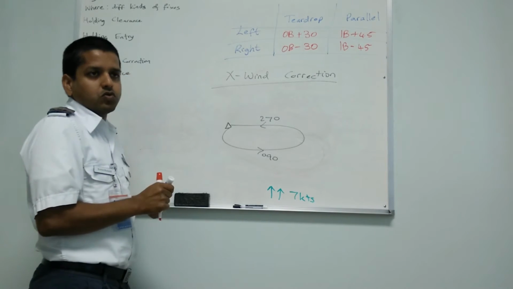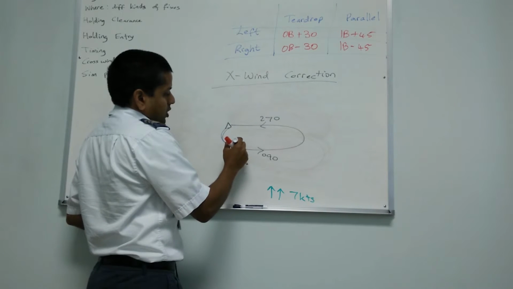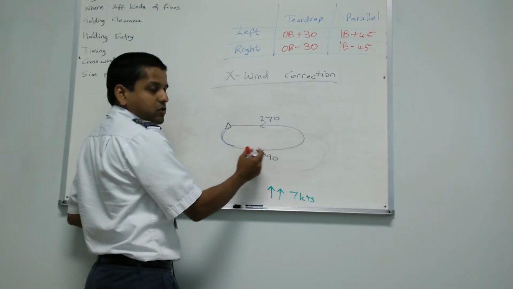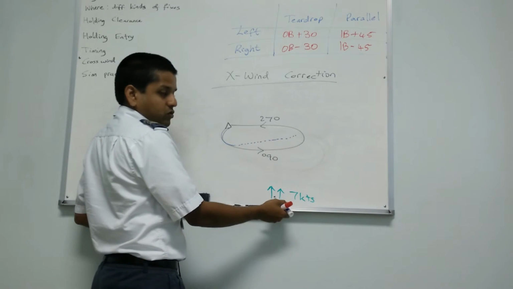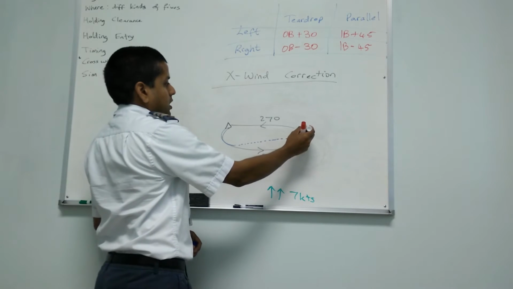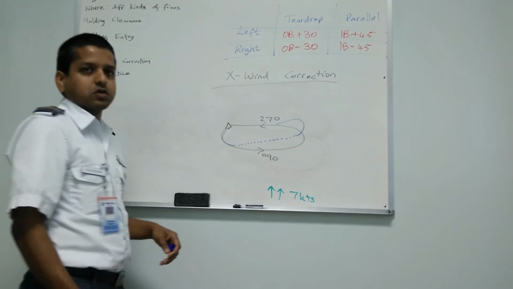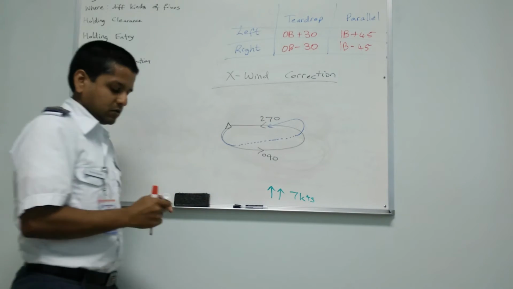So if you had no crosswind correction, you turn outbound, you think you'd be flying 090, but you're actually crabbing this way. When you turn to intercept the inbound, the wind is going to push you. And for those 2 reasons, you're going to overshoot. And you'll have to turn back to intercept your inbound.